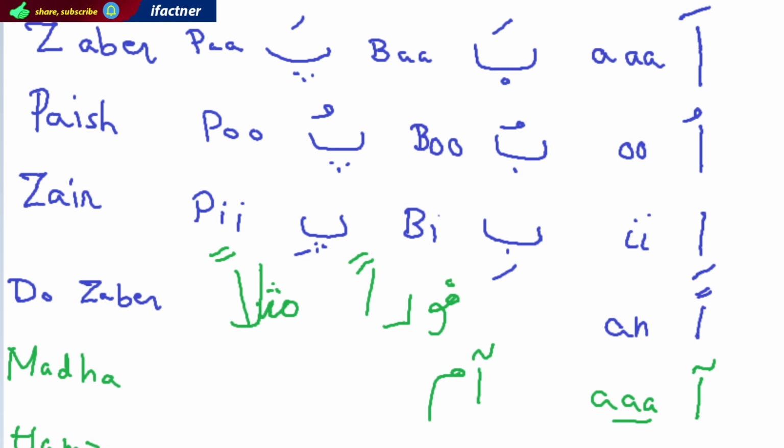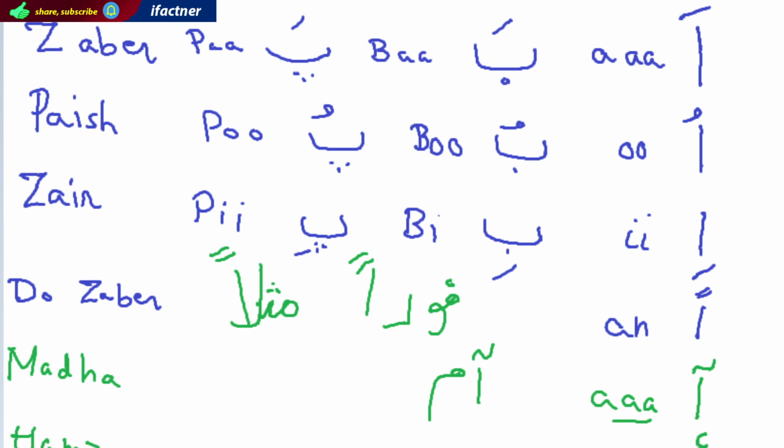For example, this is badiye, and if I put Hamza on top of it, then it connects the previous character and this character and makes the sound bigger.